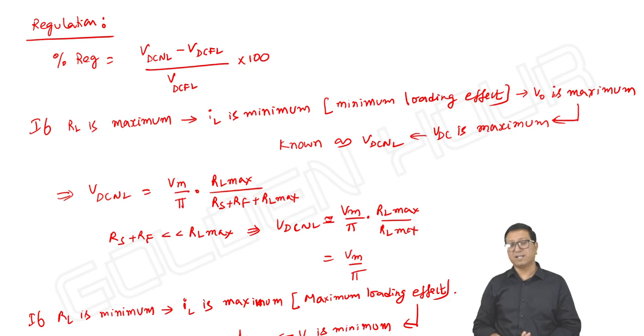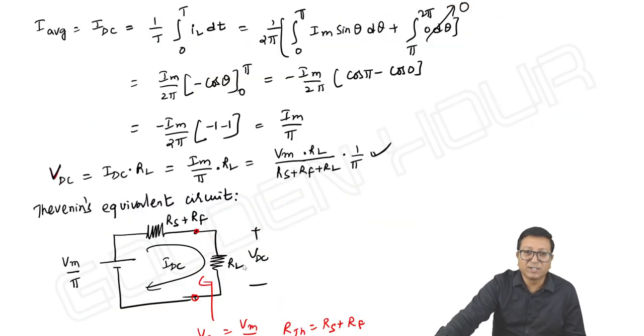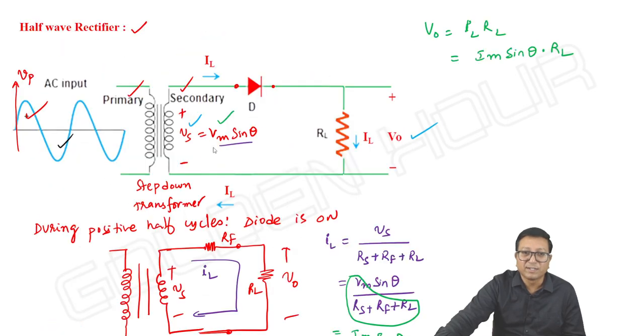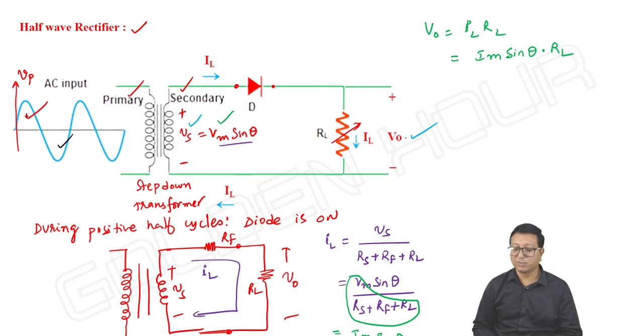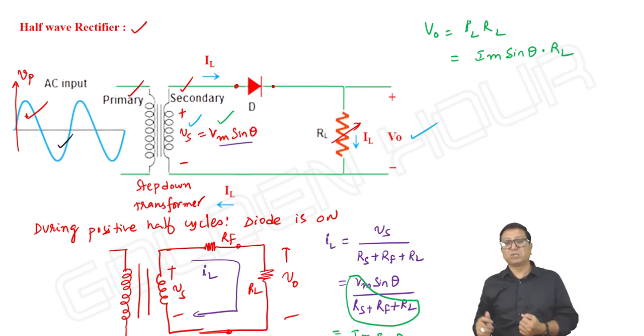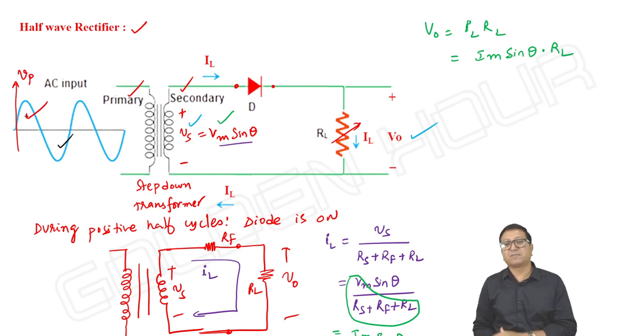And what for we are calculating? In a rectifier, there is a scope for the load resistor to vary. If the load resistor varies, it may be small or large. If it is large, then we get more DC. If RL is small, less DC. But my concern is I should get the best possible DC output voltage independent of the load resistor. RL may be small or large, I want the best result. Is it possible here?